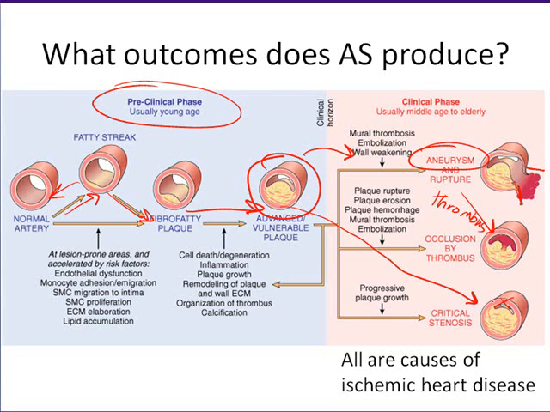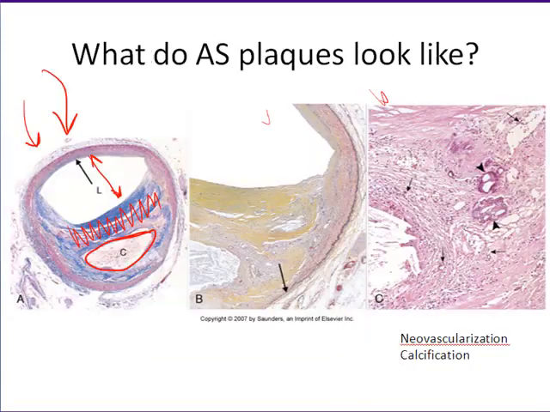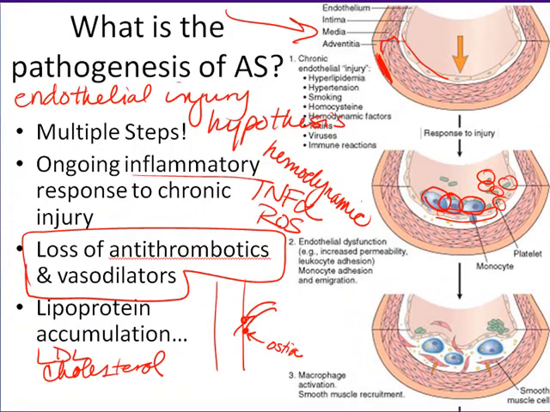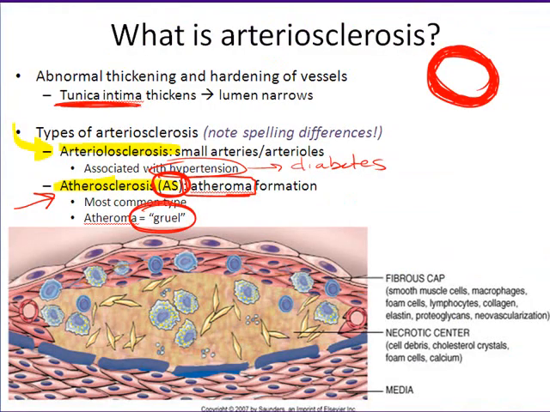Now, I told you that there was another type of atherosclerosis or arteriosclerosis called arteriolosclerosis. And again, this is only involving small arteries, and I just want to emphasize that that one's associated with hypertension.